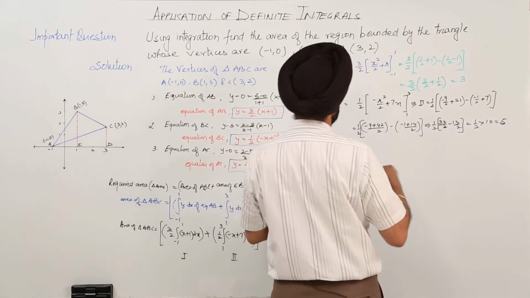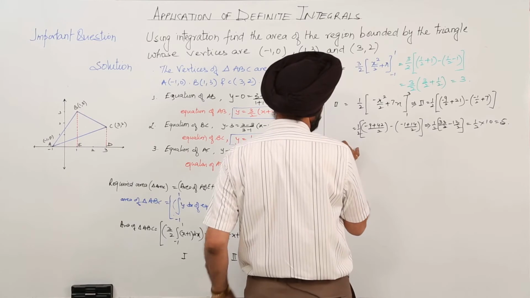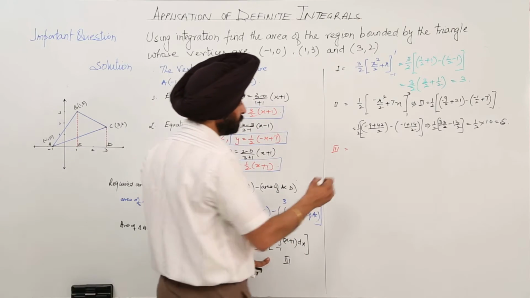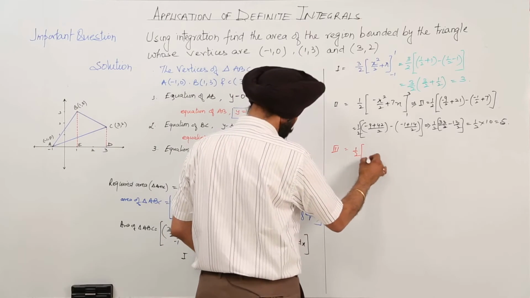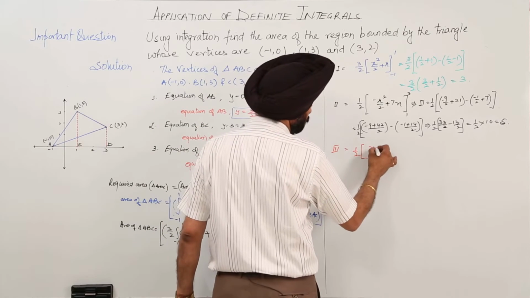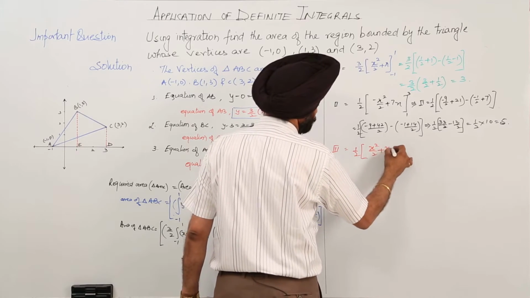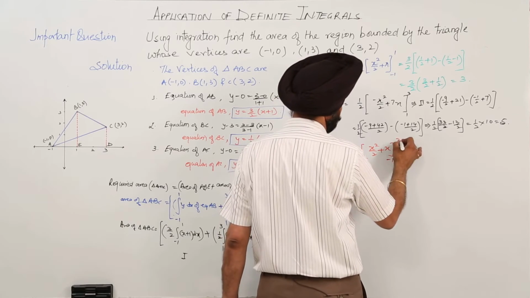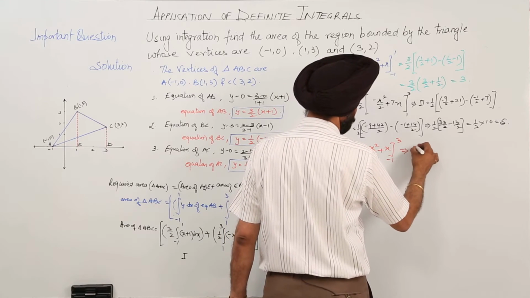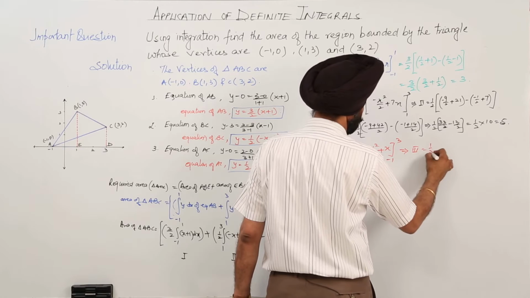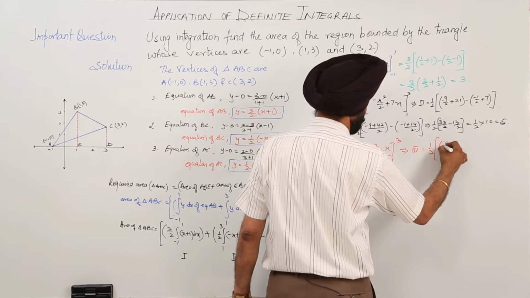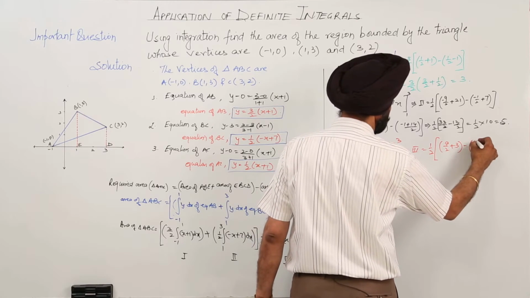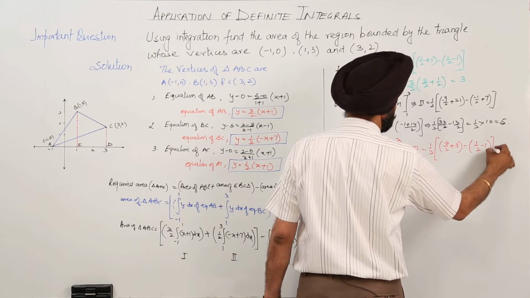Now the third one. The third one is again 1 upon 2 times (x square upon 2 plus x) from minus 1 to 3. That is (9 upon 2 plus 3) minus (1 upon 2 minus 1).